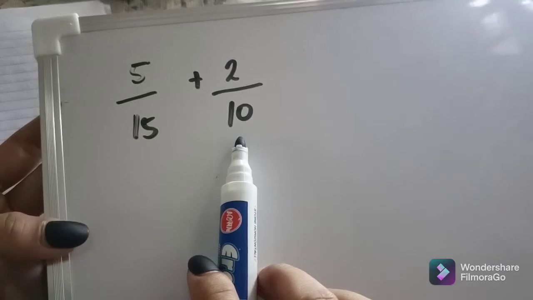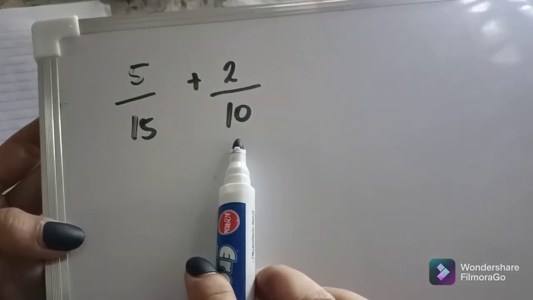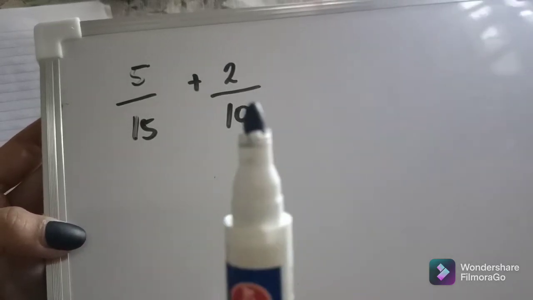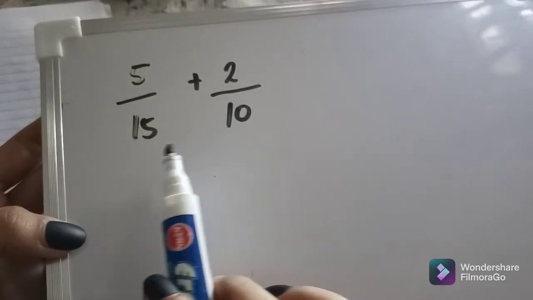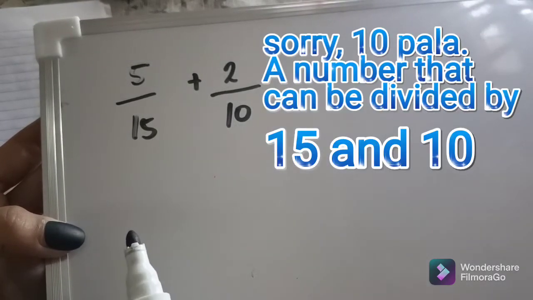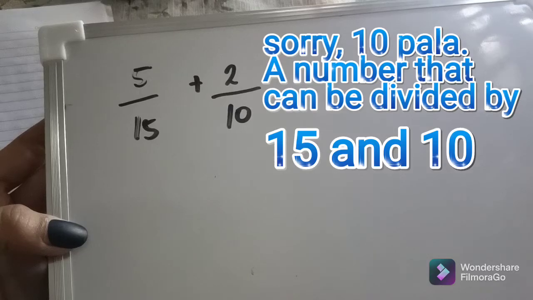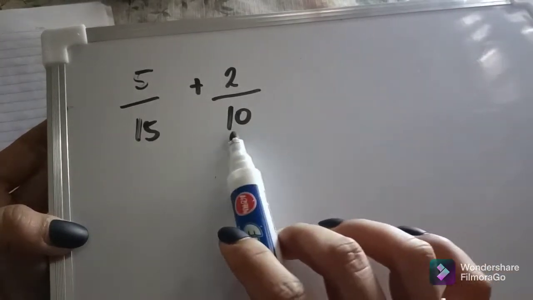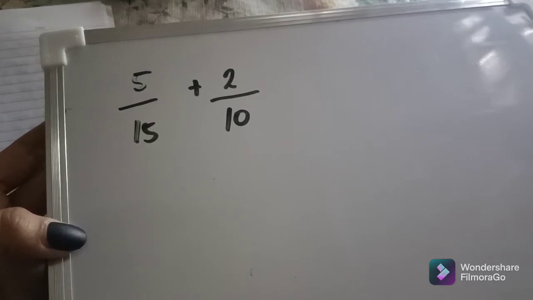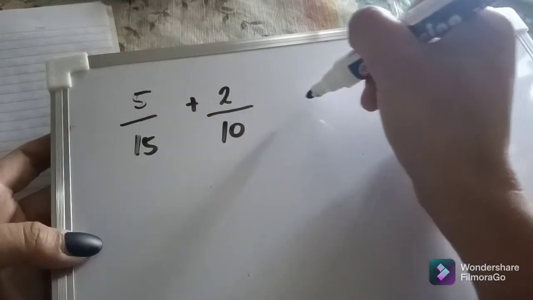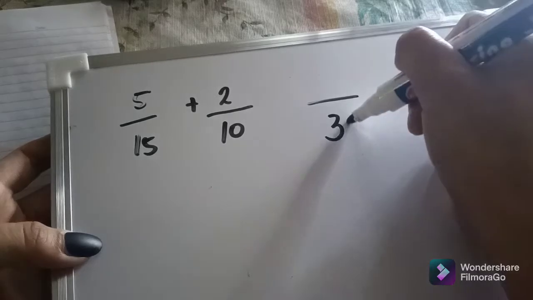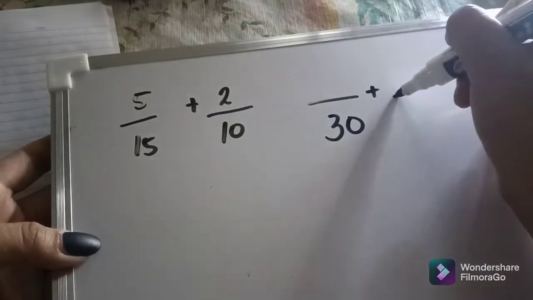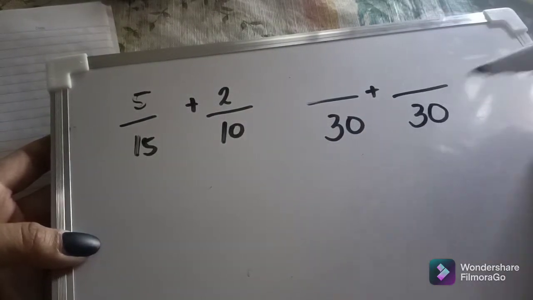Okay, so as we did a while ago, we have to find the least common denominator or the number that can be divided by both 15 and 10. Think of a number that can be divided by 15 and can be divided by 10. 30. So we have here 30. And then we also put here 30.